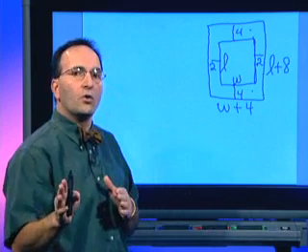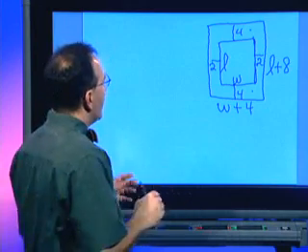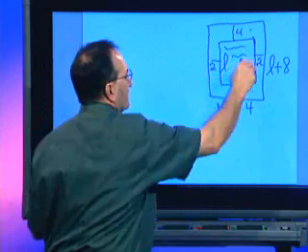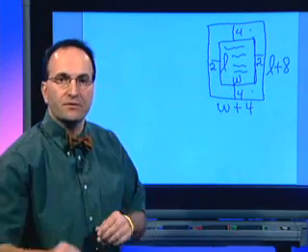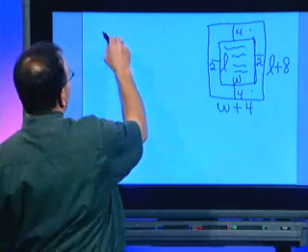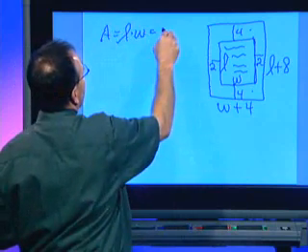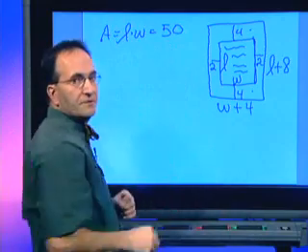What I'm told in the information is that the area of the writing is 50 square inches. So area is L times W, which is equal to 50.